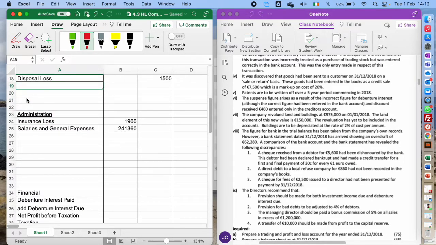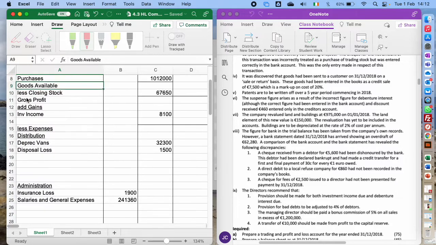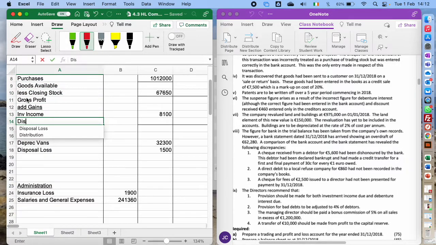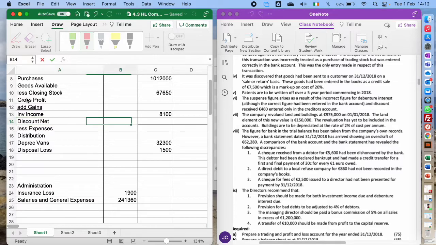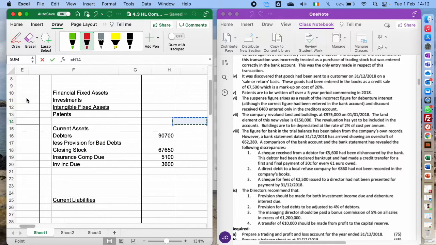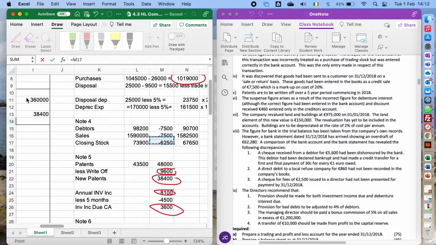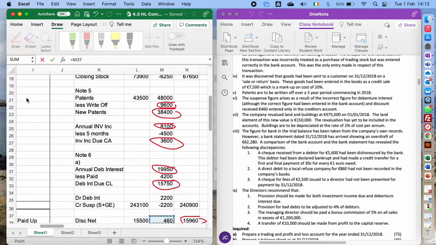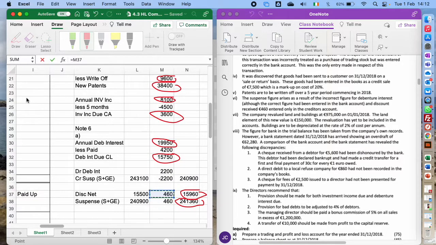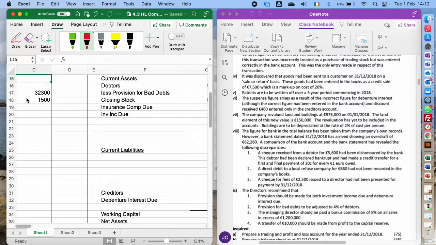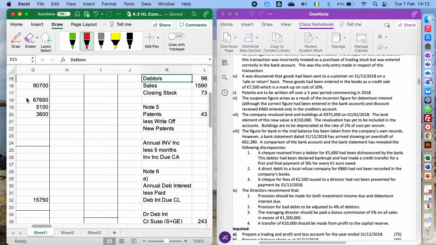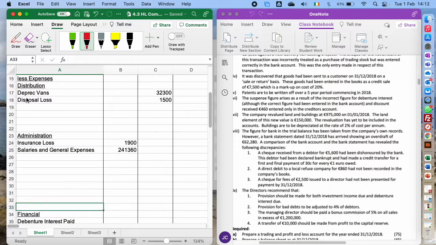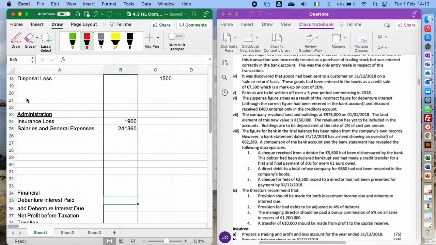So we've got discount. Wrong place. So our discount is that. Next one we were dealing with is debenture interest. So debenture interest paid was 4,200.